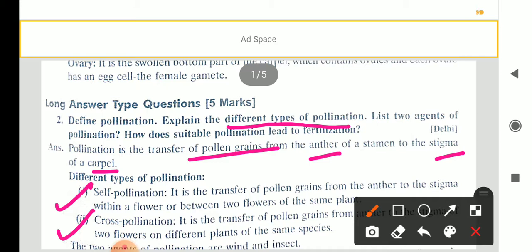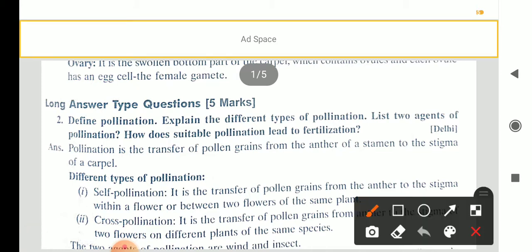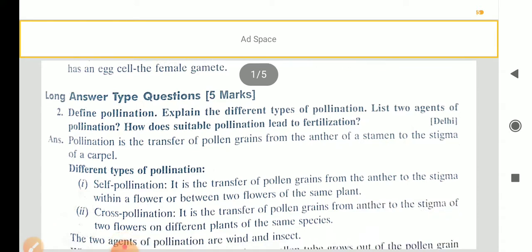Self pollination is the transfer of the pollen grain from the anther to the stigma within a flower or between two flowers of the same plant, right? Cross pollination is the transfer of the pollen grain from the anther to the stigma of two flowers of different plants of the same species, right?